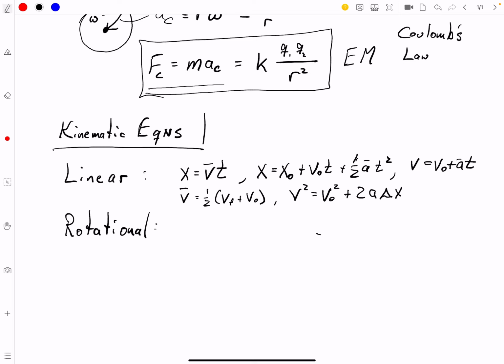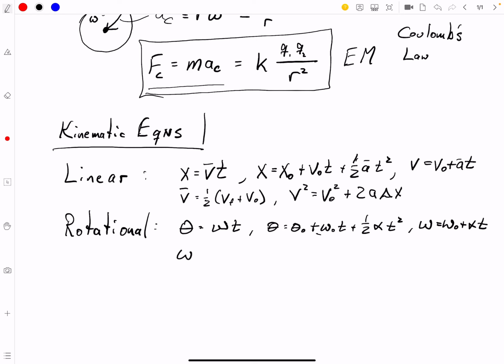So we had theta is equal to omega t. We had theta equals theta naught plus omega naught t plus 1/2 alpha t squared. We had omega equals omega naught plus alpha t.